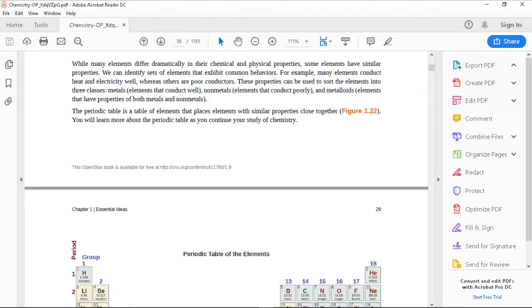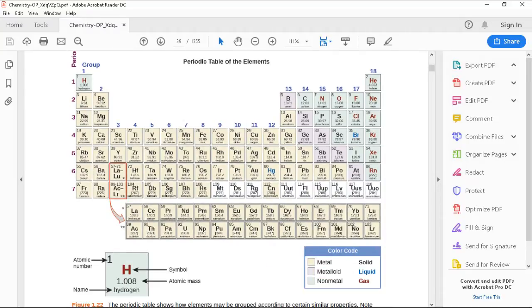These properties can be used to sort the elements into 3 classes: metals, elements that conduct well; nonmetals, elements that conduct poorly; and metalloids, elements that have properties of both metals and nonmetals. The periodic table is a table of elements that places elements with similar properties close together. You will learn more about the periodic table as you continue your study of chemistry. Yay!